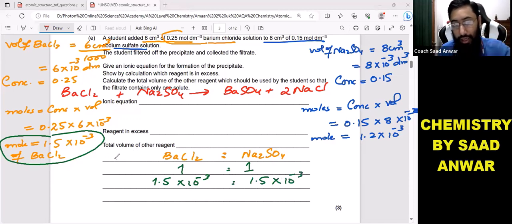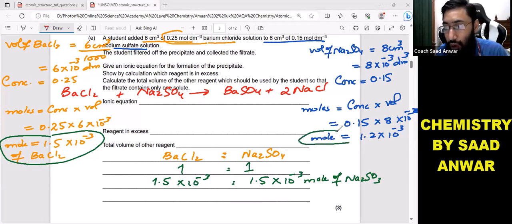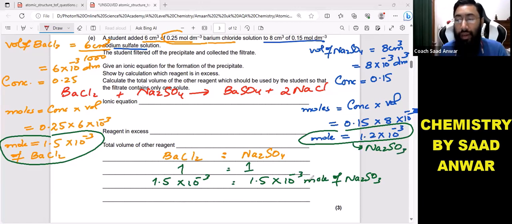But in the question, they have given me only 1.2 into 10 raised to power minus 3 moles of sodium sulfate, while I need 1.5 into 10 raised to power minus 3.